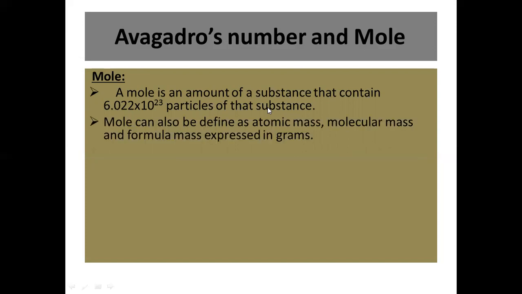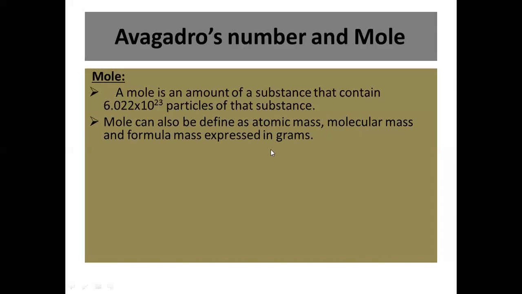Second definition is that mole can also be defined as atomic mass, molecular mass, and formula mass expressed in grams. In the previous slide we found the molecular mass and formula mass of ionic and covalent compounds. If we have an atom, the mass of that atom expressed in AMU is called atomic mass.